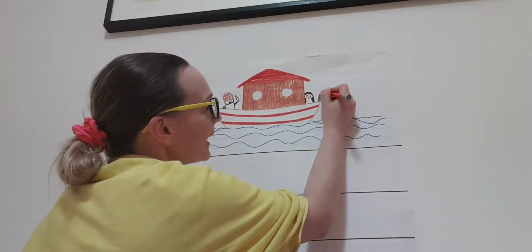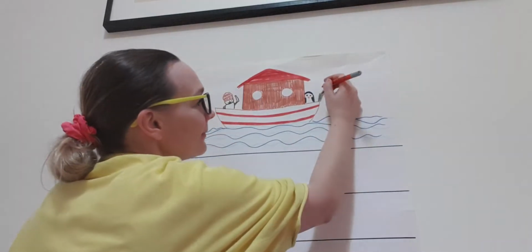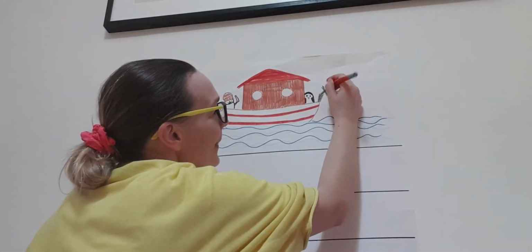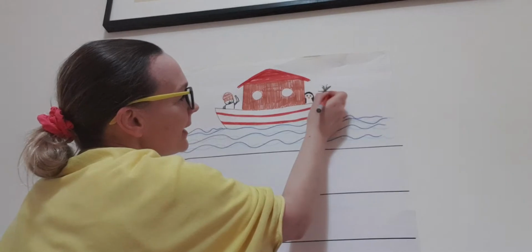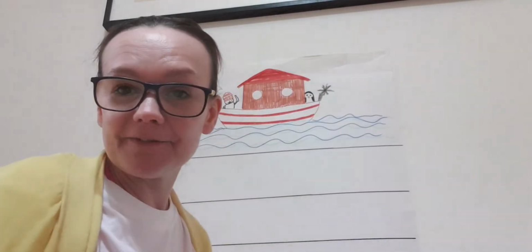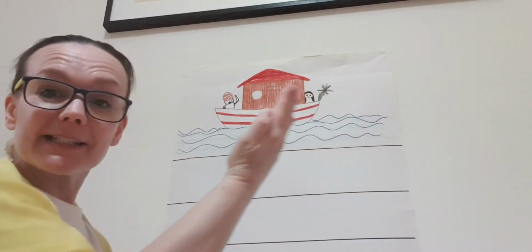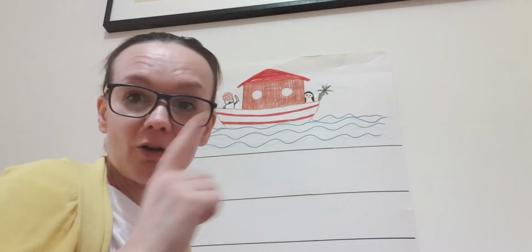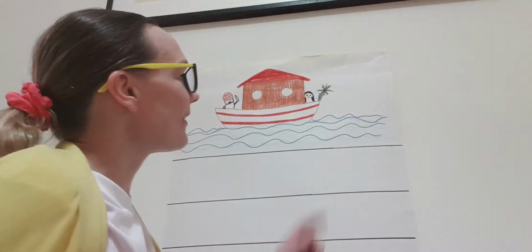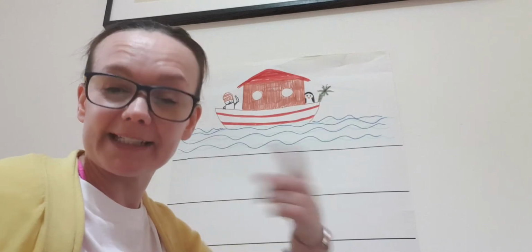So my propeller has got blades, and the blades rotate round fast and fast and fast, and the propeller spins and spins and spins, and it makes the boat move all by itself. So I have got a propeller with blades that rotate.